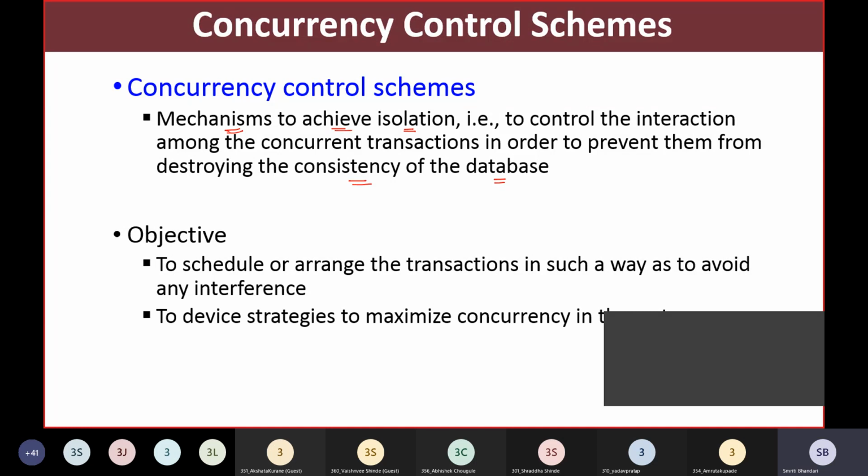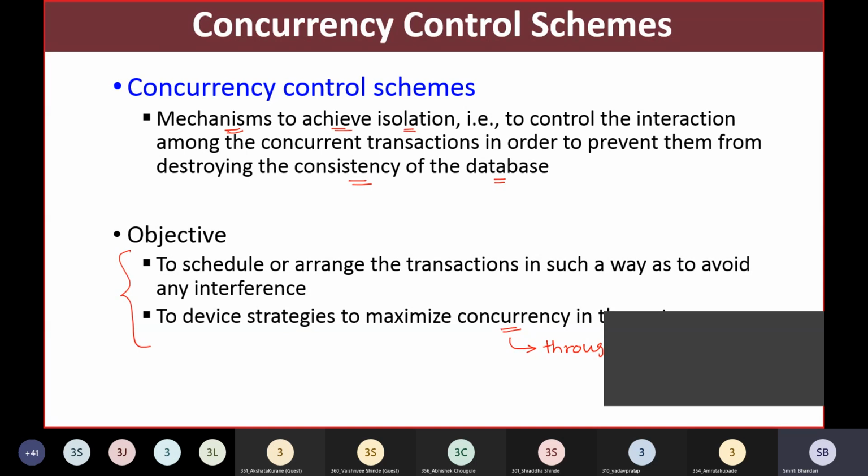The second objective is to devise strategies to maximize the concurrency in the system. And this is really important. Why? Because if we are maximizing the concurrency in the system, then obviously the throughput of our system will be increased, right? So the concurrency control schemes need to be developed with these two objectives.